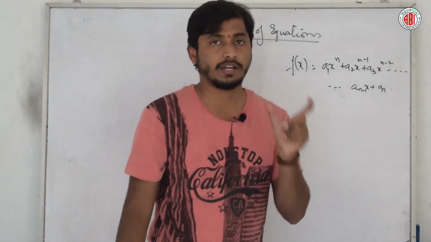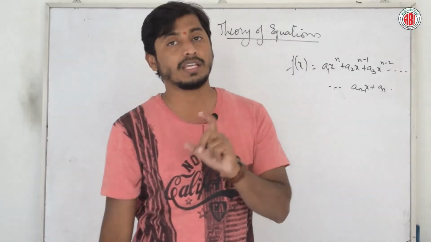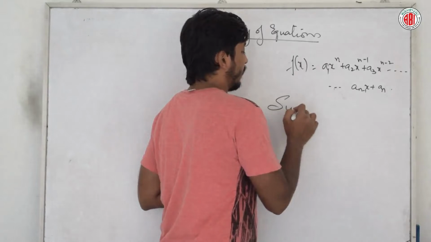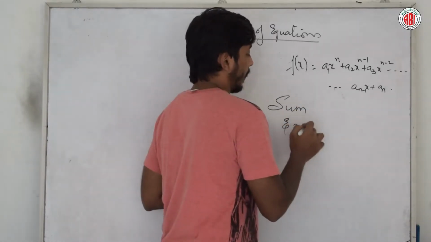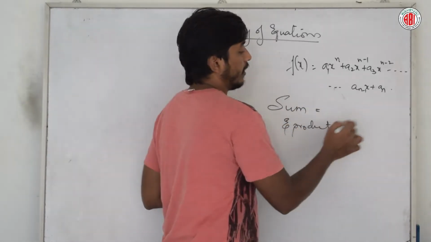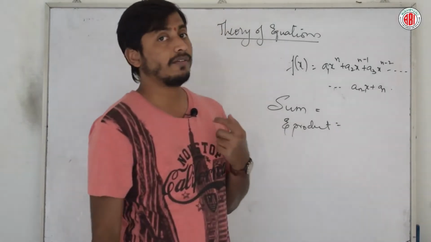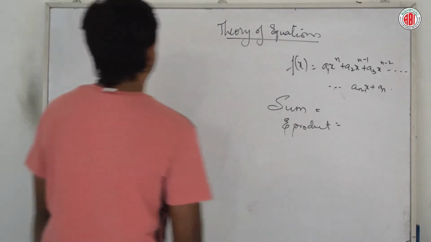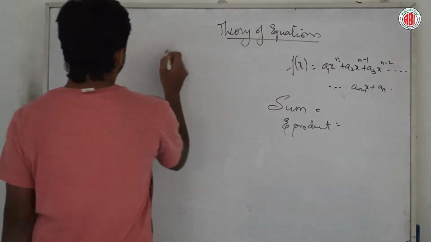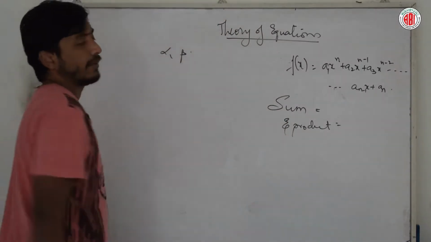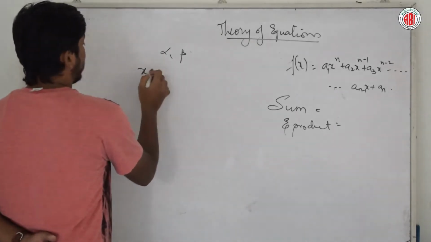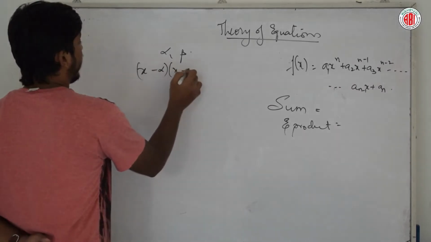For a trinomial or a binomial, a simple quadratic equation or a cubic polynomial, we used to find the sum and product, if you remember. Right? So, how did we derive it? How do we solve it? Let us say I have two factors or two roots, alpha and beta. So what will be our equation? x minus alpha into x minus beta.